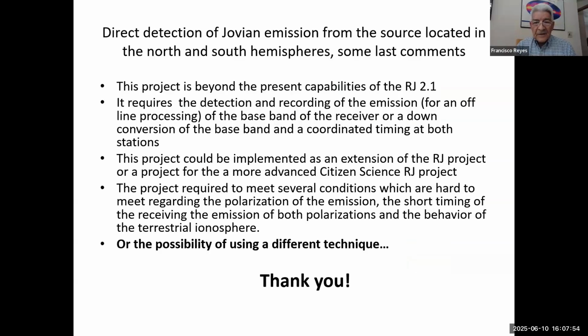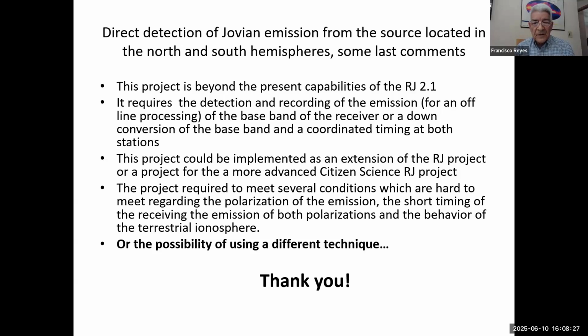All right, so a final comment here is that the project is beyond the capabilities of the Radio JOVE 2.1 because it requires the detection and recording of the emission to be processed offline, and you need the baseband of the receiver or the down conversion of the baseband, and coordinating the time on both stations.